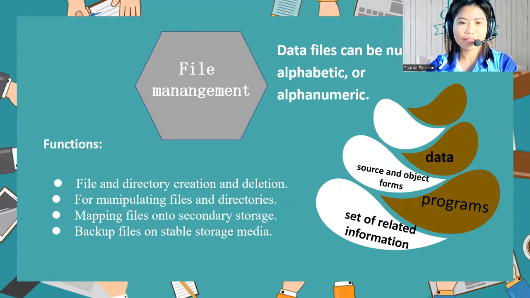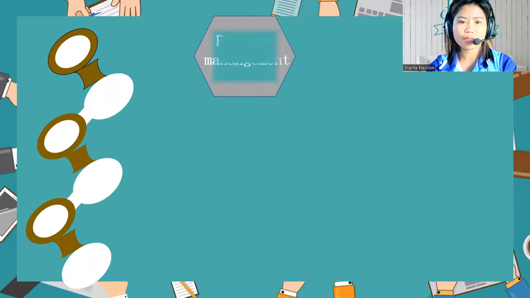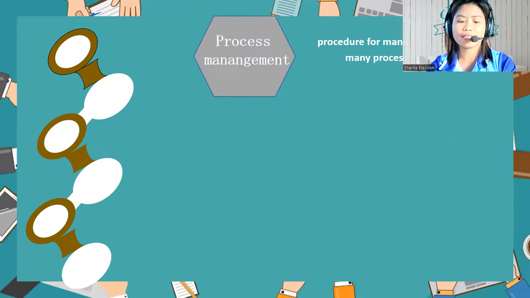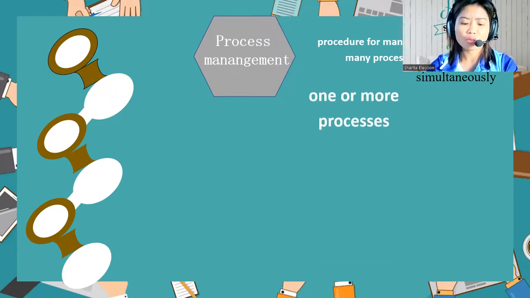That's file management. Let's proceed with the second one, process management. The process management component is a procedure for managing the many processes that are running simultaneously on the operating system. Every software application program has one or more processes associated with it when it is running.